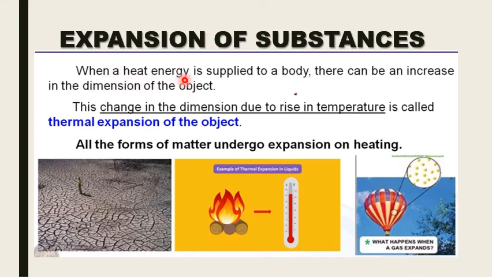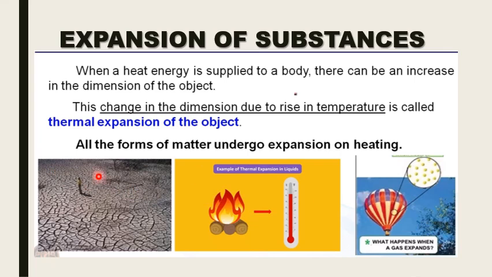When heat energy is supplied to a body, when we heat some substance, what happens there is that the substance shows a small increase in the dimension of the object. This change in the dimension due to raising the temperature is called thermal expansion of the object. All forms of matter undergo expansion on heating.